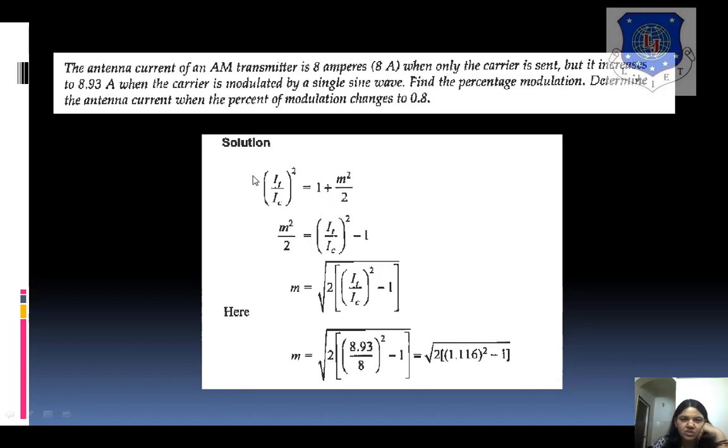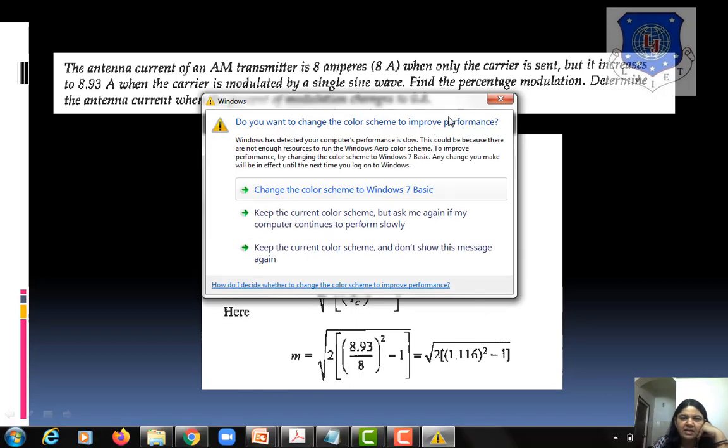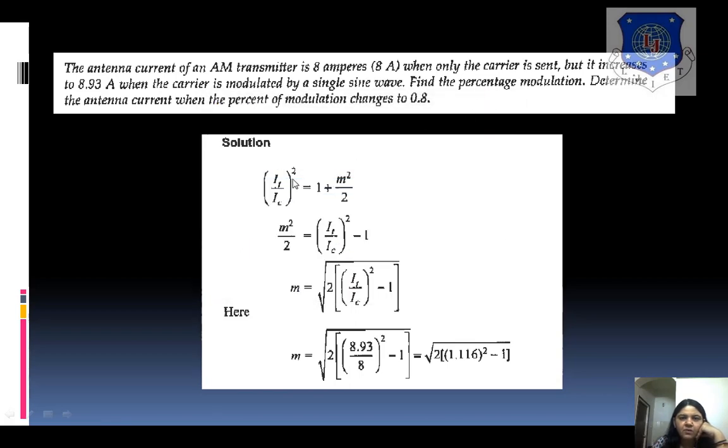Taking the square on both sides, It by Ic whole square is equal to 1 plus m square by 2. So you can write m square by 2 is equal to It by Ic whole square minus 1. So m square is equal to 2 times this component, and the small m is equal to the square root of this.